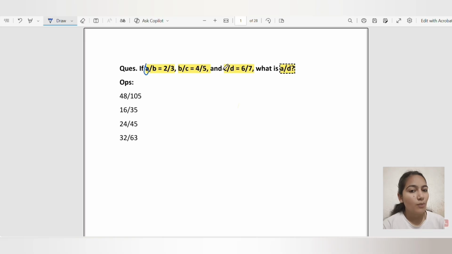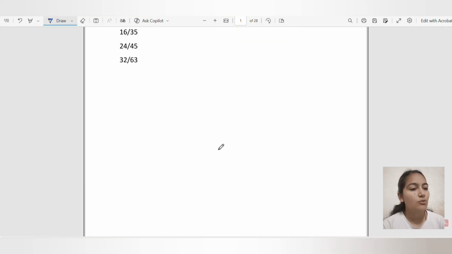So if you multiply all these fractions, then the values which are appearing twice will cancel out, like b and c will cancel out, and you will be left with d divided by d. And the calculation of 2 by 3 into 4 by 5 into 6 by 7 is easy. You can solve this question in your mind.